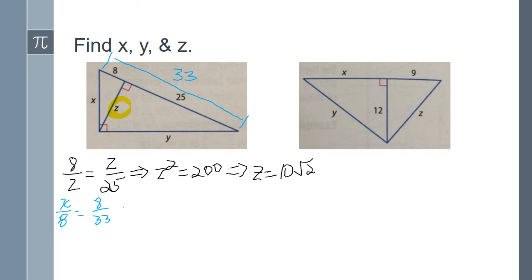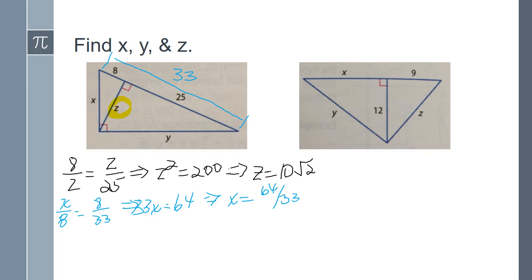So 33x equals 64. So if you make it 33 there, divide each side by 33 and you end up with x is equal to 64/33.